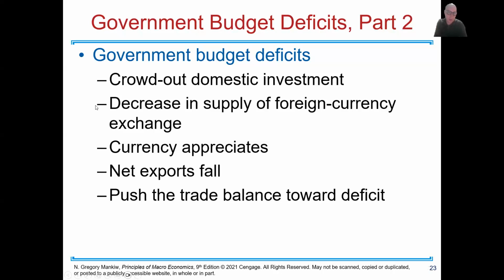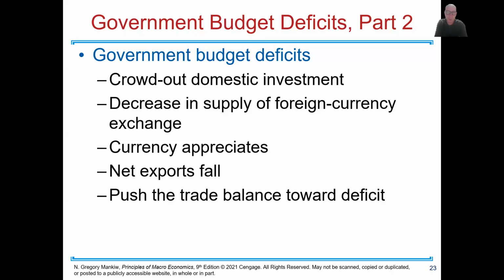These deficits also cause what we call crowding out of domestic investment. Simple way of saying less individuals and businesses are willing to invest domestically because of deficits. Absolutely. Because the interest rates are higher, just overall not a good thing.